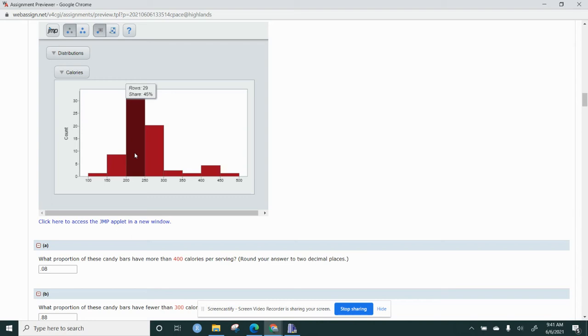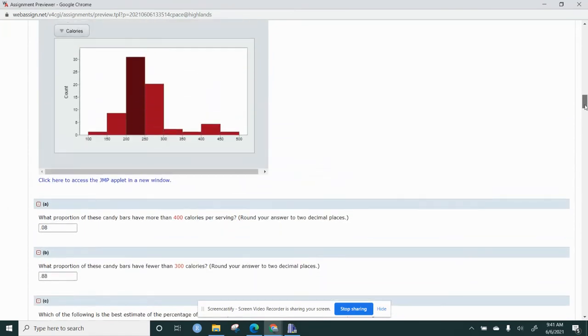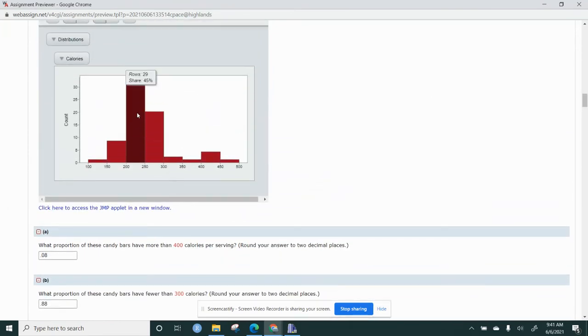So I put 29 down, and then what is it asking me? It's asking me for the best percentage. Okay. So I know right here, if you see here, it says the share is 45%. So I'm going to write that down too. So I know the number is 29 and the percentage is 45.